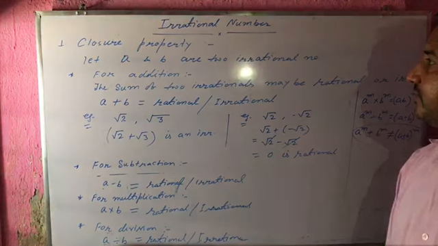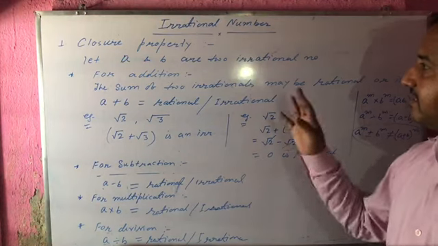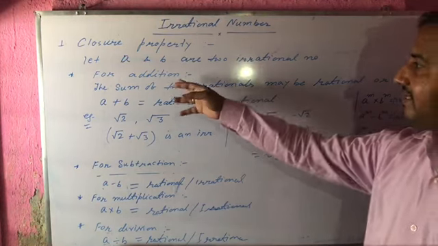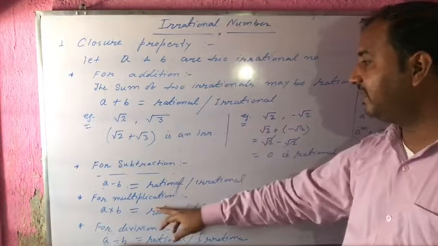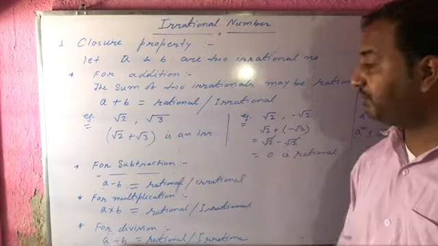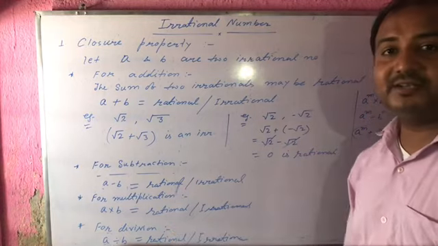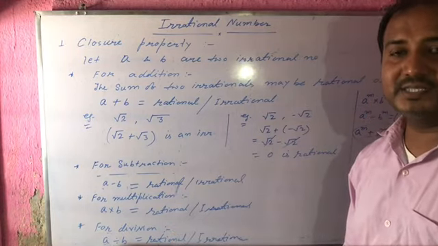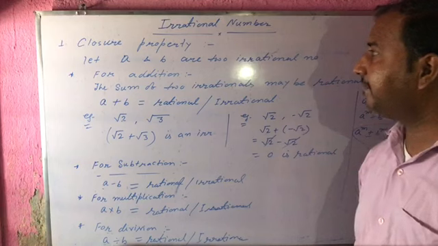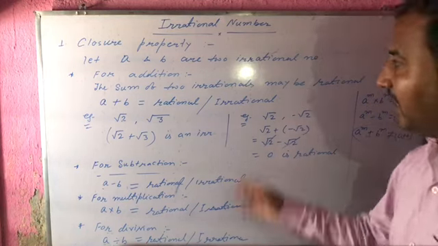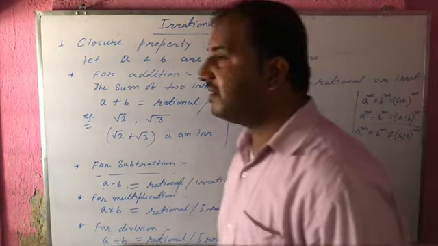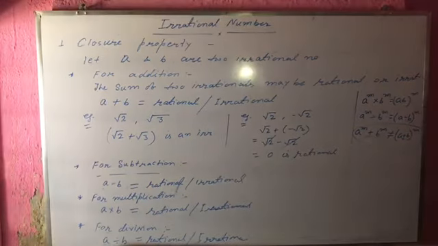You have understood here the addition of irrational, the subtraction of irrational, the multiplication of irrational and the division of irrational doesn't satisfy the closure property. Okay. And next property we will learn commutative property.